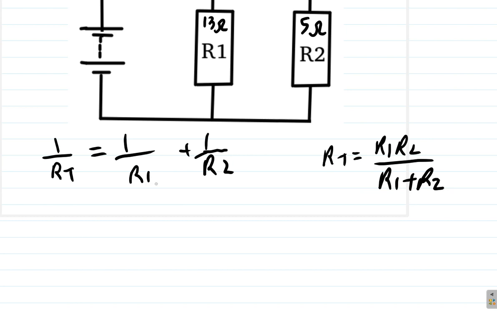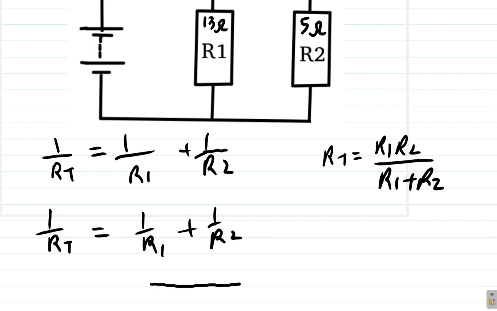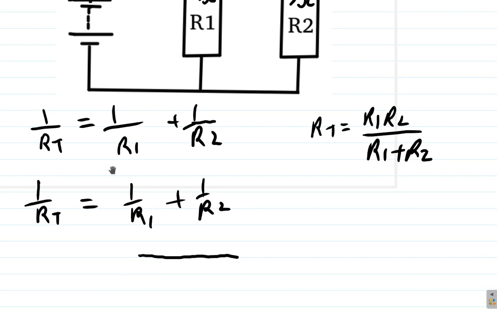Here we have 1 over RT is 1 over R1 plus 1 over R2. If you remember how to deal with fractions, you will find the LCM below this line.